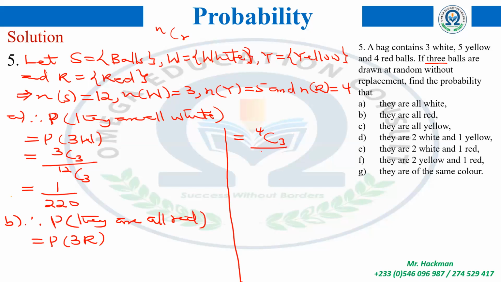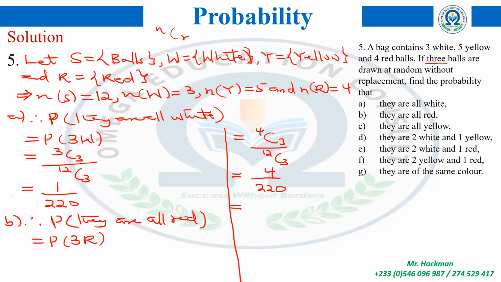So now let's go over 12 combination 3. Perfect. The denominator you know is 220. Now your numerator, 4 combination 3. That will give you 4.